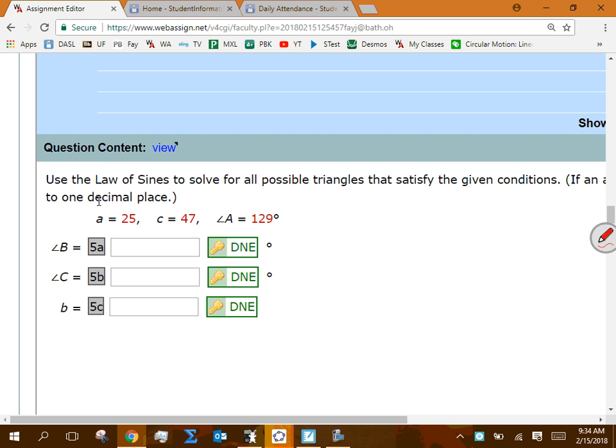Now, your numbers are going to change, right? Because the ones that are red are the ones that change per person. So I get a question here that says does not exist.